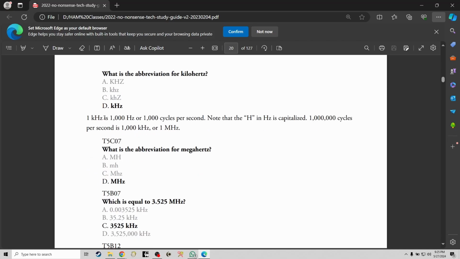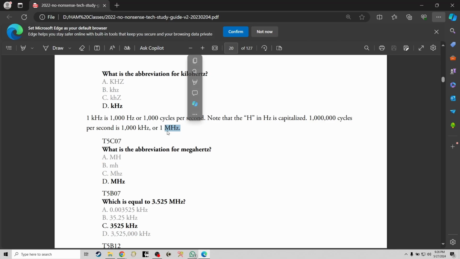All right. So 1 kilohertz is 1,000 hertz, or 1,000 cycles per second. Note that the H in hertz is capitalized. All right. Very important. H is capitalized. 1 million cycles per second is 1,000 kilohertz, or 1 megahertz.